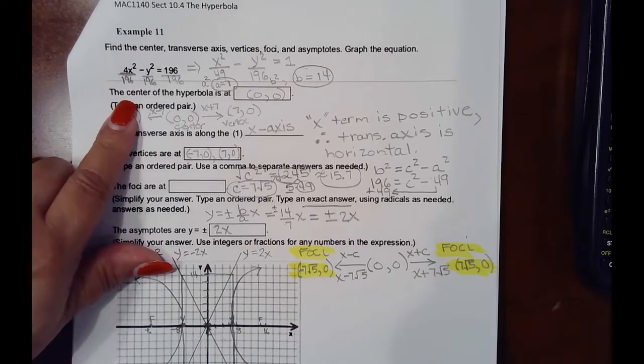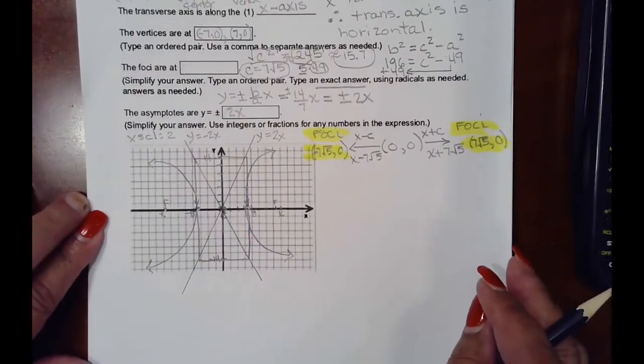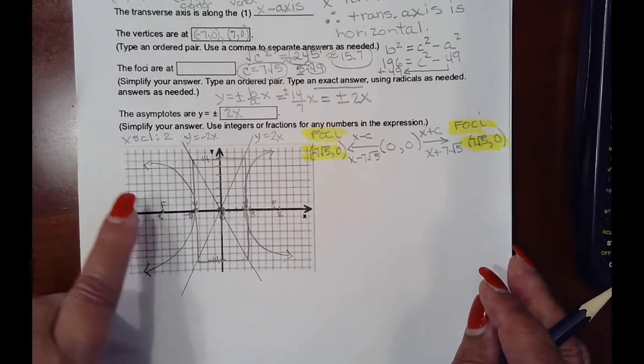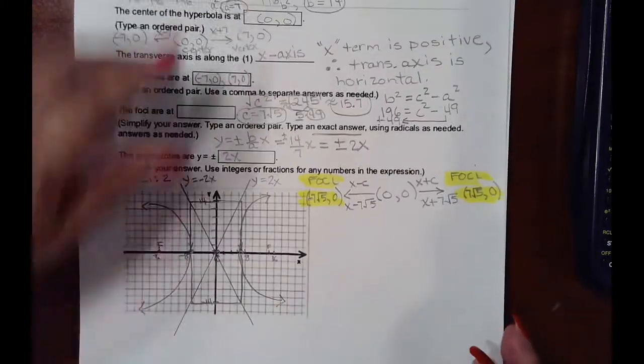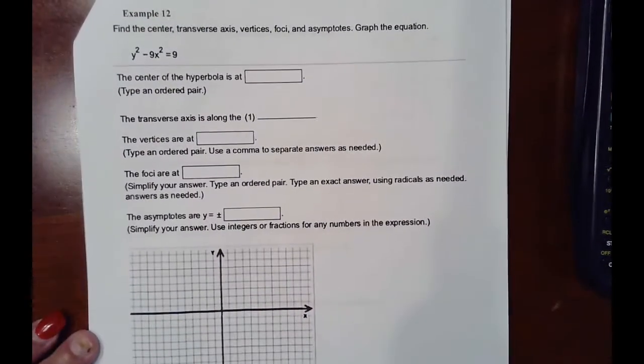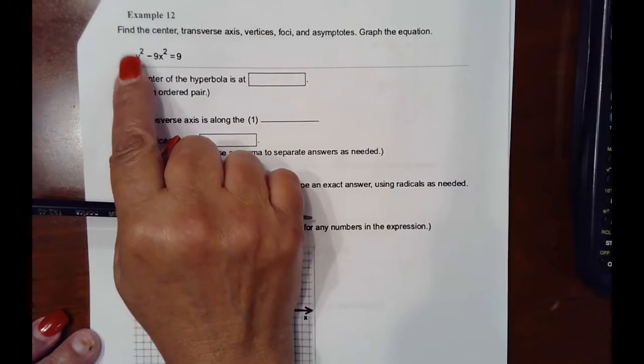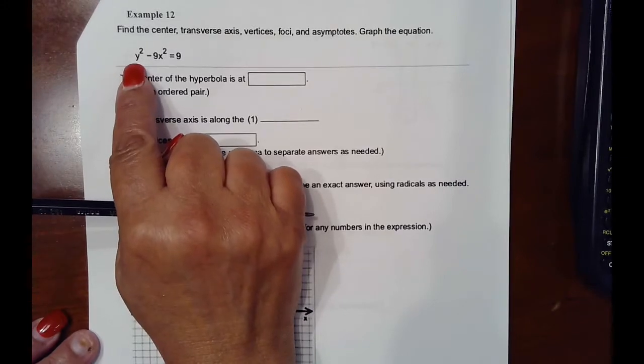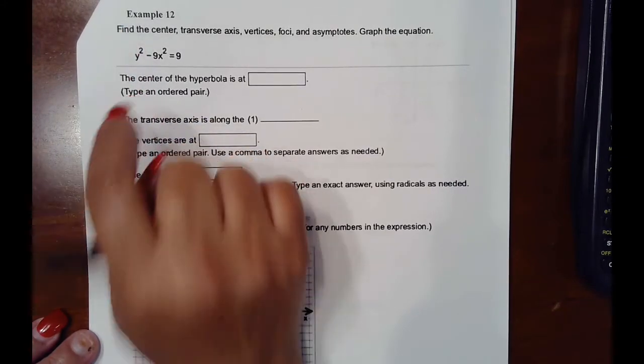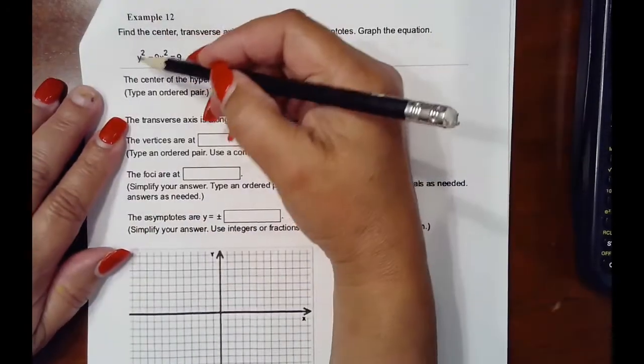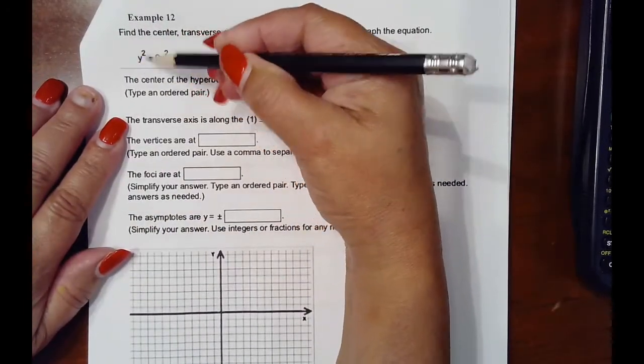It had a positive x squared term, and so the hyperbolic branches went left and right horizontally. Whereas here, because the y squared term is the positive term, your branches are going to open up and down, because those branches always open up with respect to the positive term.